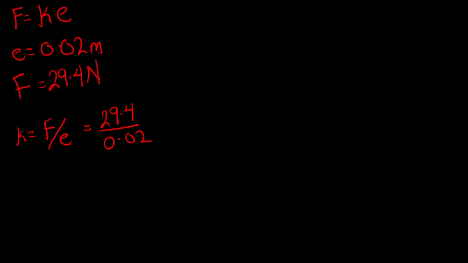If we make K the subject of the formula, K will be equal to F divided by E. That will be 29.4 divided by 0.02, which should give us 1470.